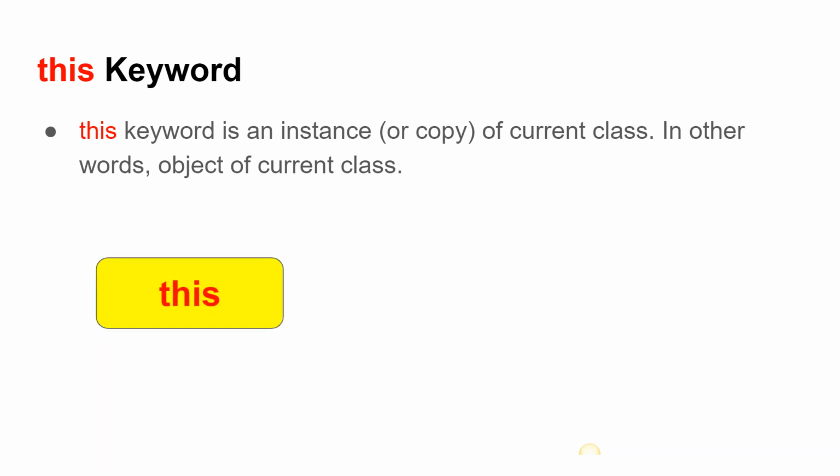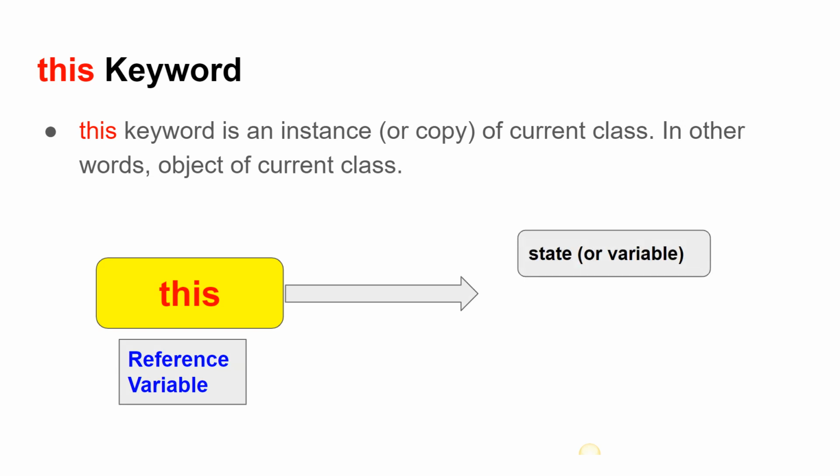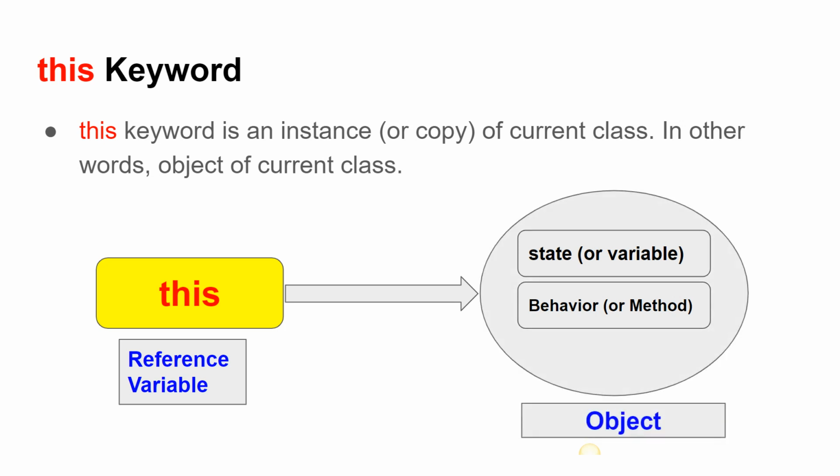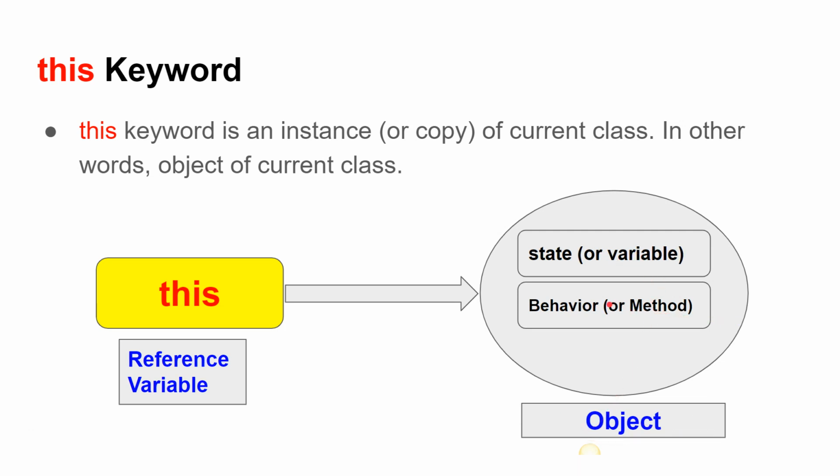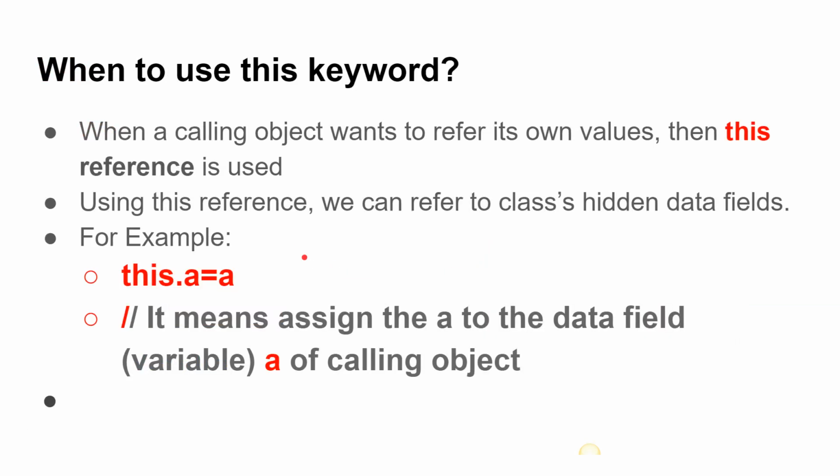So this is a reference variable used to access the variables or state and also the behavior or methods, and these two, variables and methods, belong to an object. An object will have variables and methods, though not always, it's up to the programmer when to use this keyword.